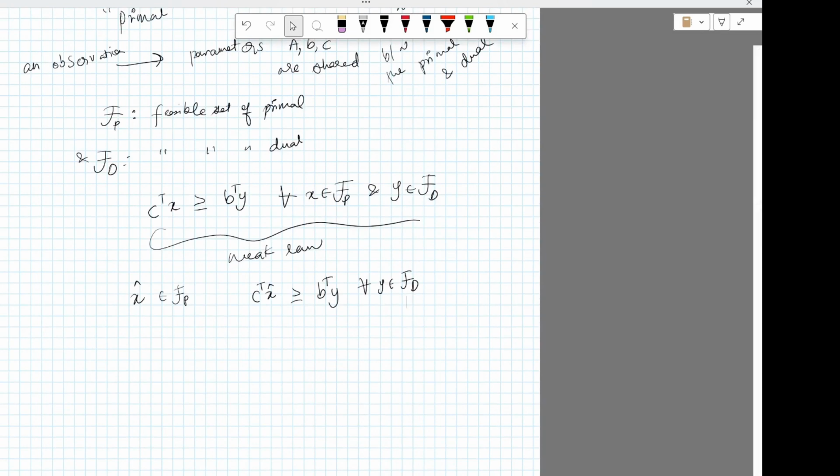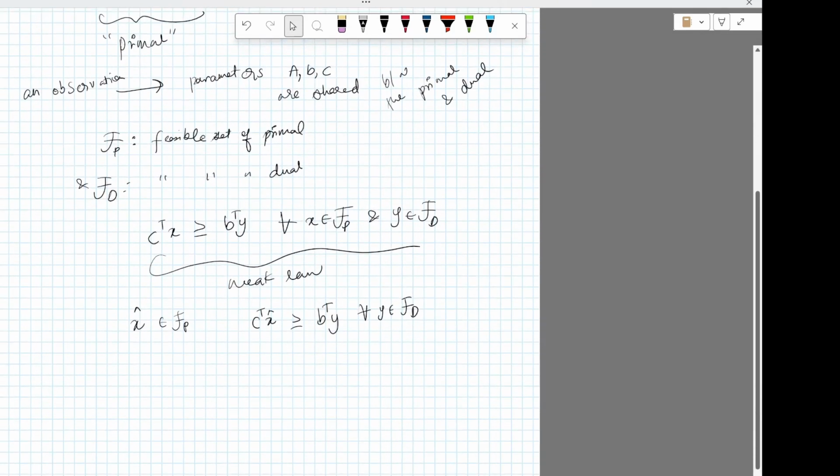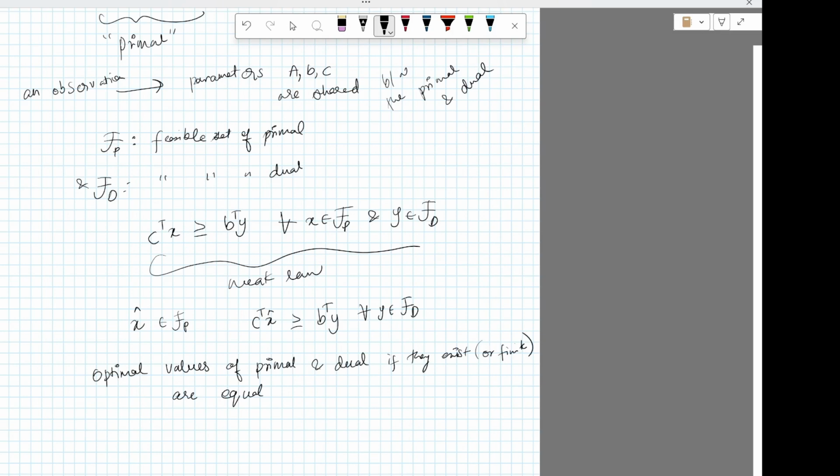So the strong law says that the optimal values of primal and dual, if they exist and are finite, are equal. This is the strong law.